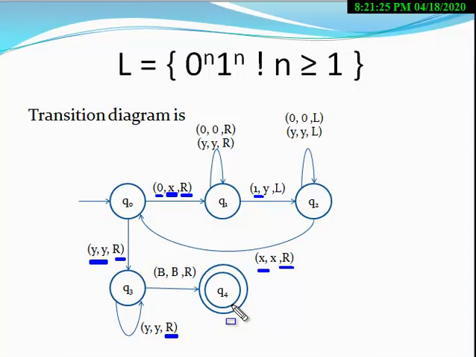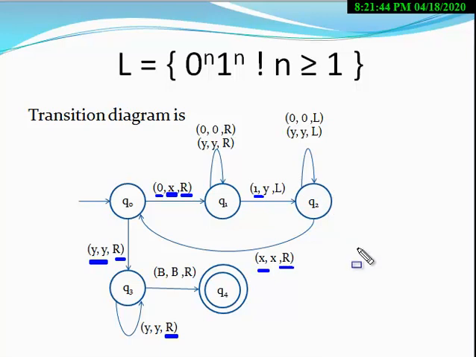Since Q4 is a final state, it means the string is accepted, right? And the machine halts at this state. Okay, so this is the process to construct a Turing machine corresponding to this language.